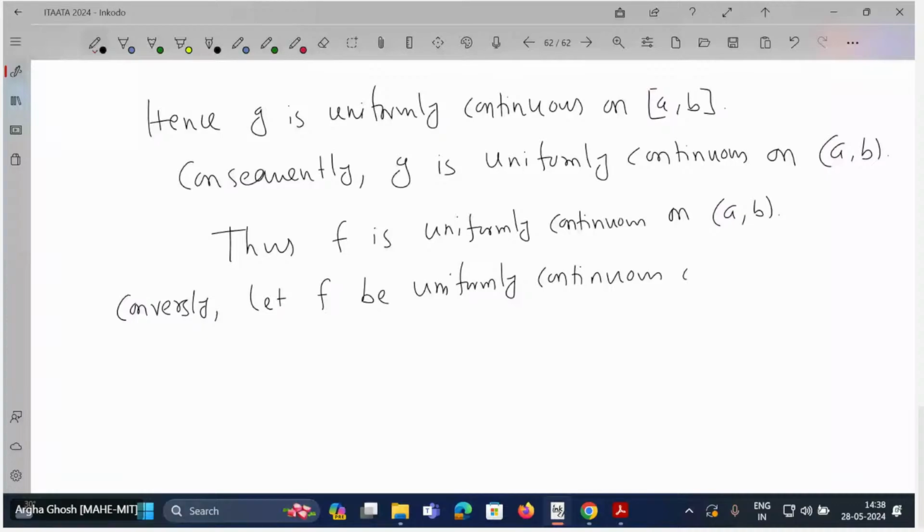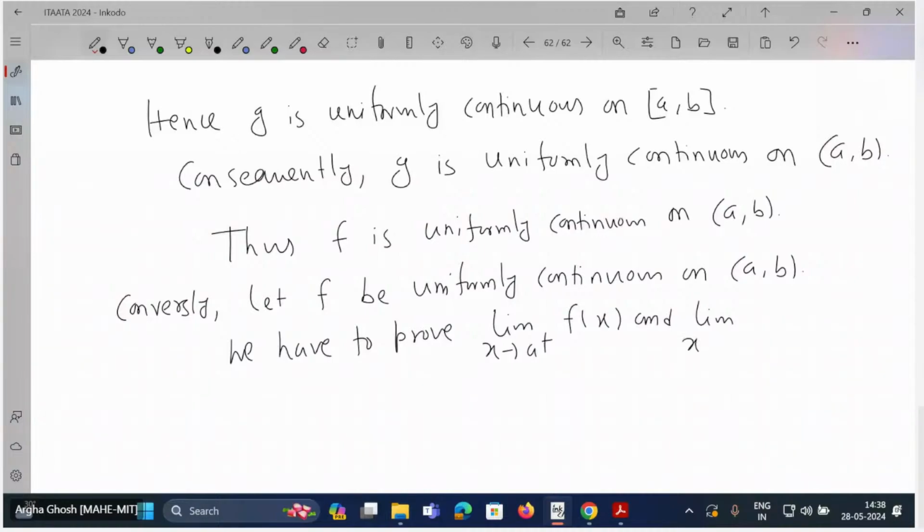What you have to do? We have to prove limit x tends to a plus f of x and limit x tends to b minus f of x exist finitely. Just try to show one, limit x tends to a plus f of x exists. Similarly, you can prove that limit x tends to b minus f of x will exist.